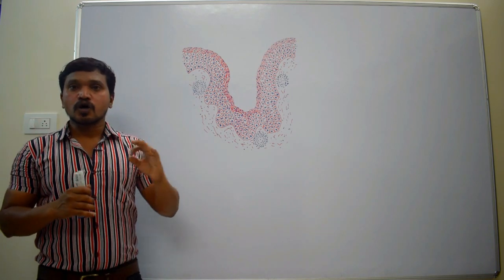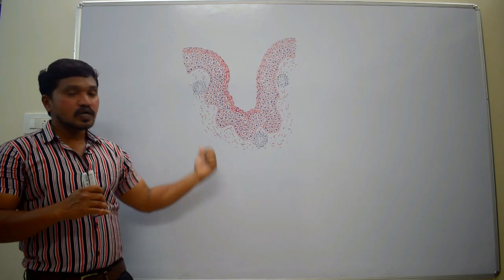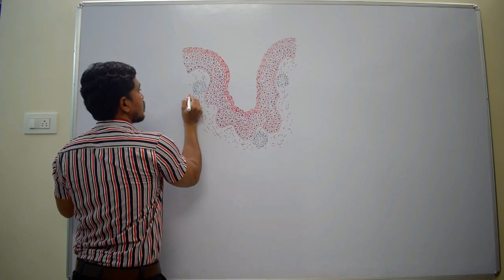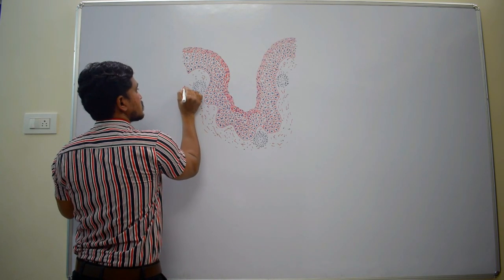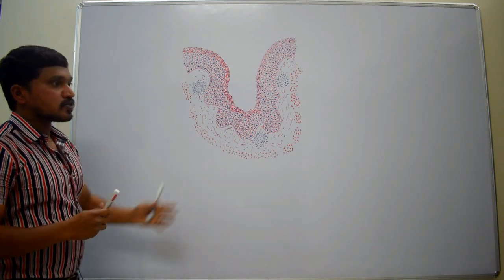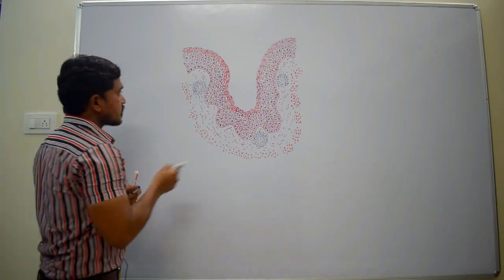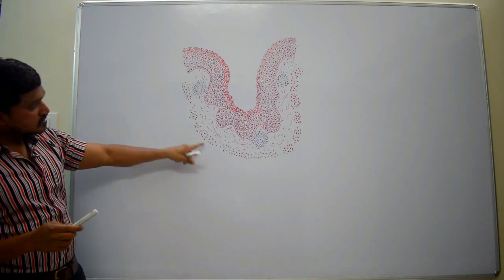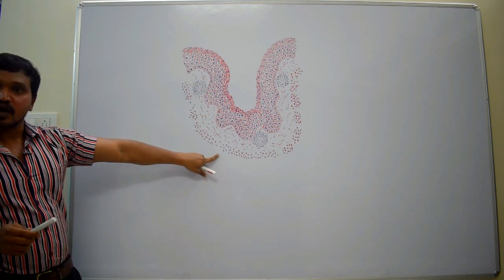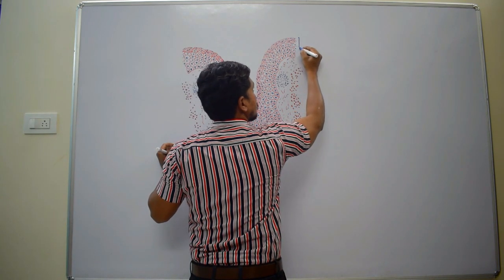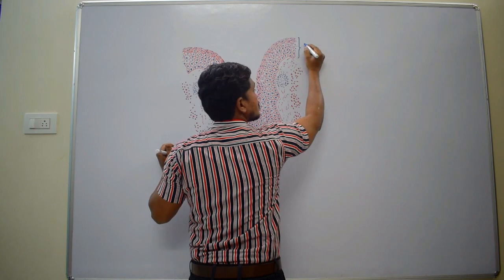To avoid confusion, I am drawing only longitudinally arranged muscle fibers. Here, longitudinally arranged cut sections of muscle fibers, and here I am keeping the nuclei of those muscle fibers. This is the muscularis interna or muscularis mucosa. This is the lining epithelium. This is epithelium.